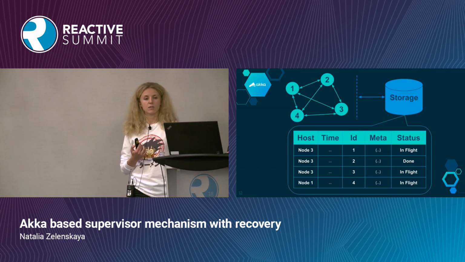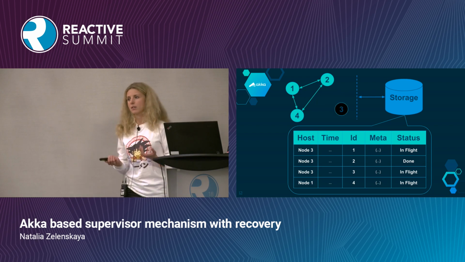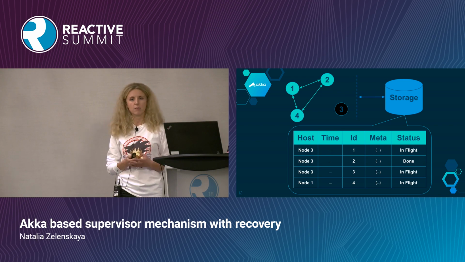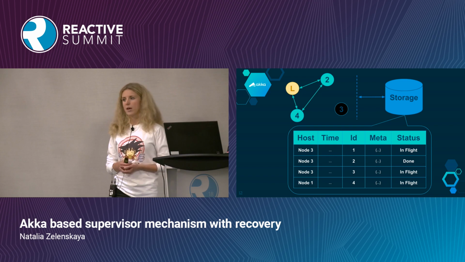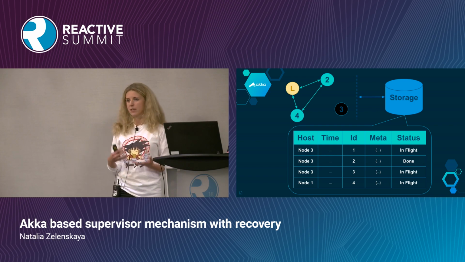One record has already been accomplished, and one is located on node number 1, and it's still in progress. Now when node 3 fails, as we said, with Akka clustering we'll be aware of this event after some time. And a leader of the cluster, which might be node number 1, can initiate the recovery process because it's aware that node 3 went down.